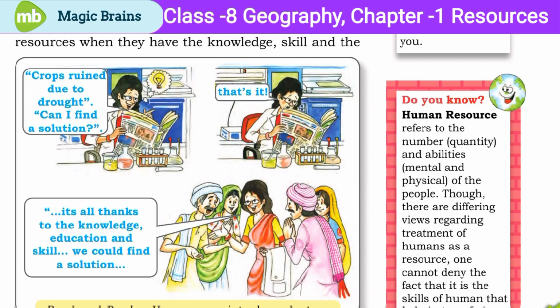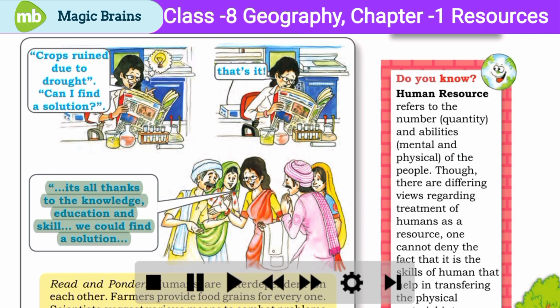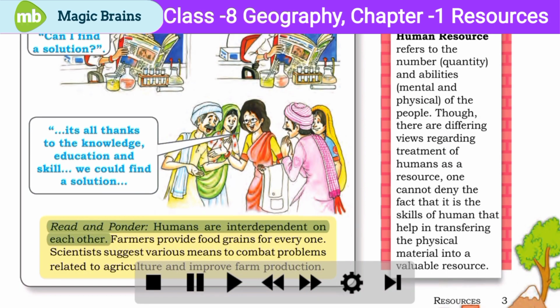Then, in the next part, the lady scientist is talking to the farmers about the problem. She says, it's all thanks to knowledge, education and skill we could find a solution. In the last part of the diagram, it is written, read and ponder.